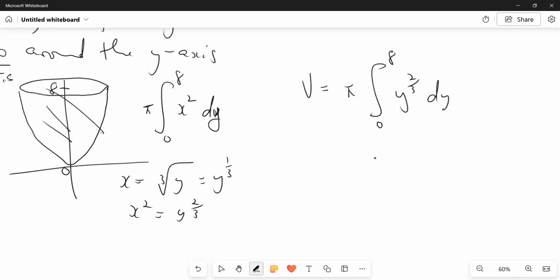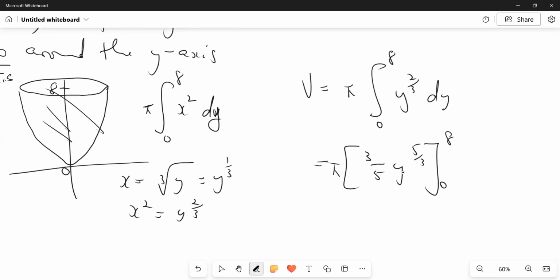So when you integrate this, what do we get? You get 3 over 5 y to the 5/3, with 8 at the top and 0 at the bottom, and you put your pi here. Putting in 0 gives 0.